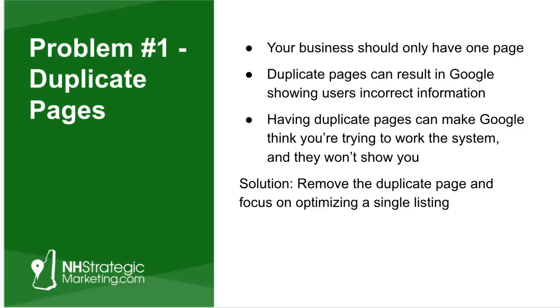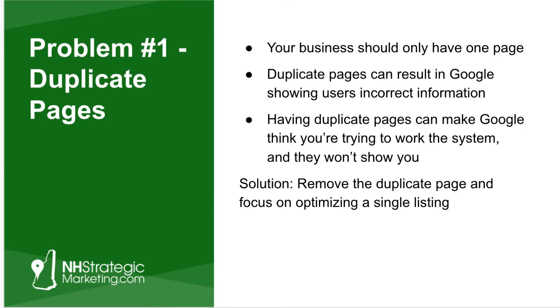Okay, so one of the common problems that we've seen is when a business has duplicate pages. Your business should only have one Google business page unless you're a legitimate multi-location business with different physical offices.